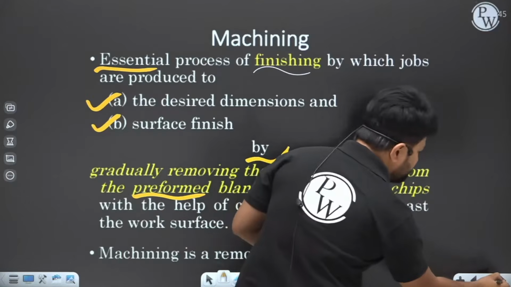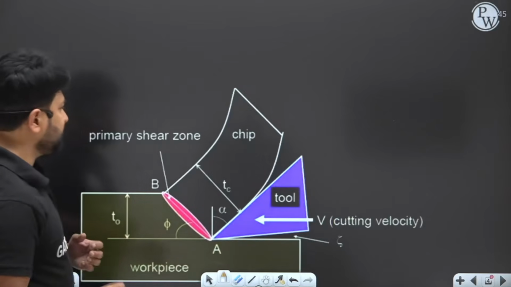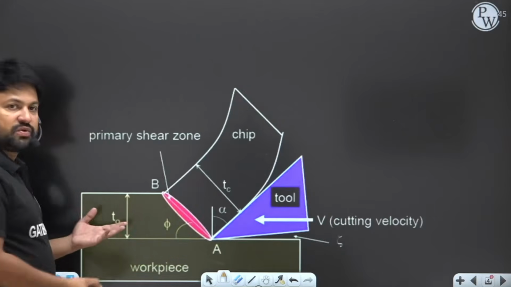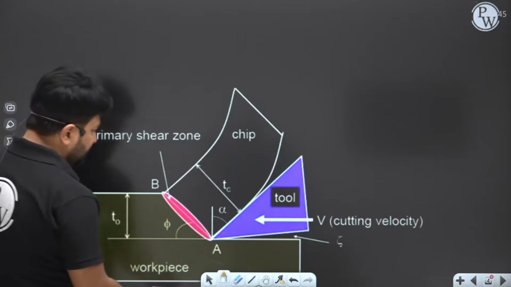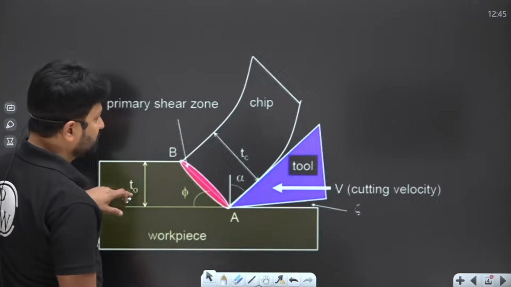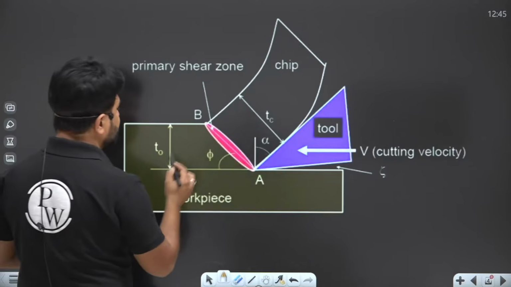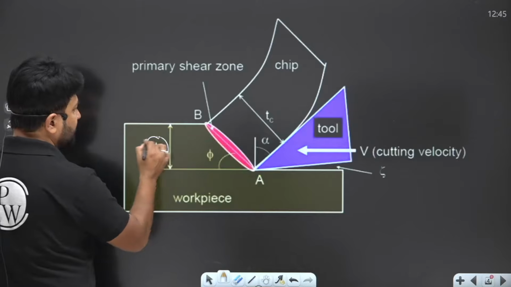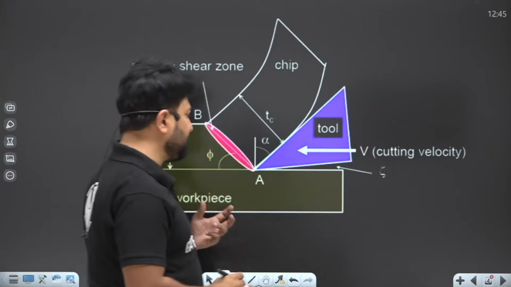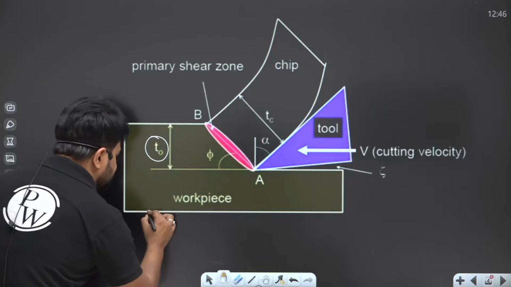Now let's move further. Suppose that we are removing that excess material in the form of chip. As you can see in the figure, suppose that this is t0. I hope you know the meaning of t0. t0 is the uncut chip thickness.